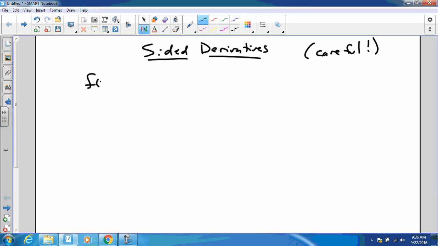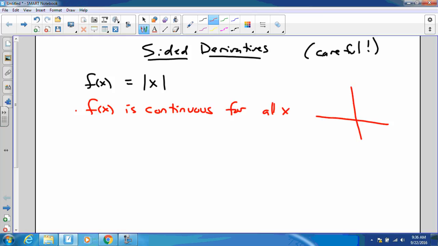But I want to give an example of such a function, and that is f of x is equal to the absolute value of x. And when we consider that it's easy to see from the graph that f of x is continuous for all x, then you might think that f of x therefore has a derivative for all x, but it does not.